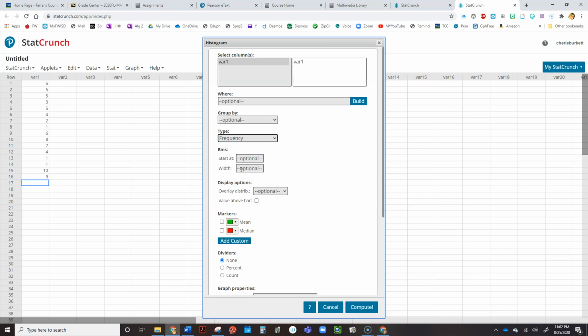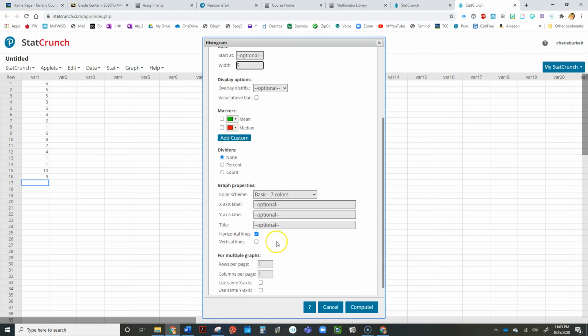So if you remember, when I had just two classes, we calculated the class width to be 5. So I'm going to put 5 right there. And I think that's really all we need. We just need to know what kind it is and what the bin width is.